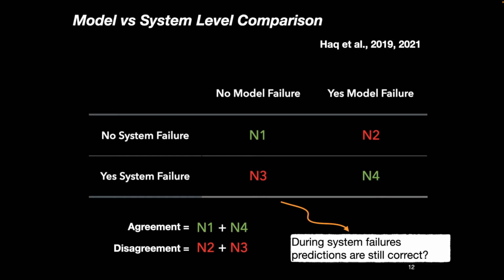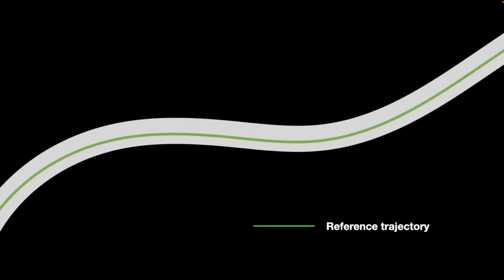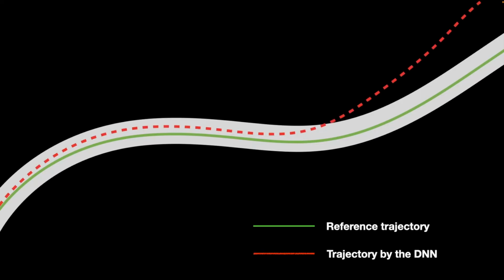go deep into the replication package provided by the authors, and we found a potential answer for this specific situation. Suppose this is a road, the authors have a reference trajectory they were comparing to, and this was essentially an example of a trajectory by the deep neural network.